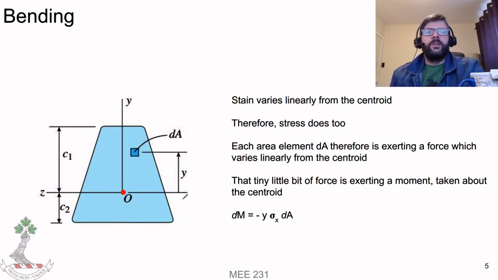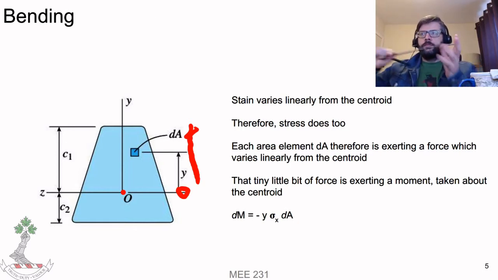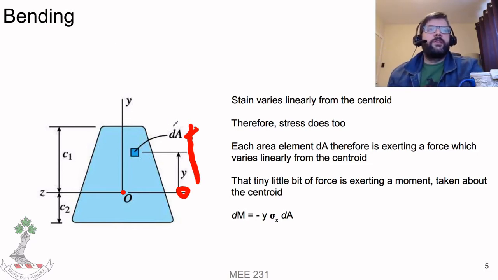So you're going to get zero strain at the neutral axis, and then as you go up, you're going to get more negative strain, because again we're bending it like this when it's a positive moment. So we get more negative strain as we move upwards.